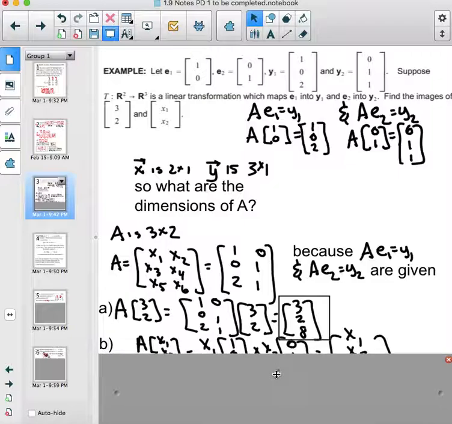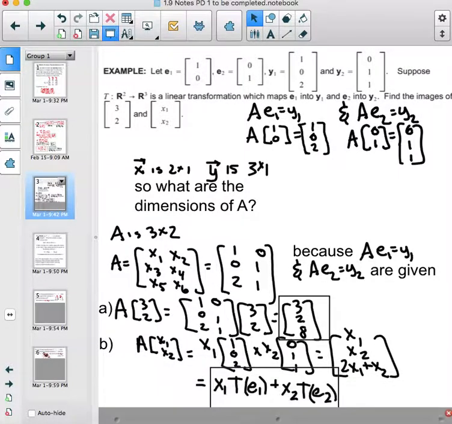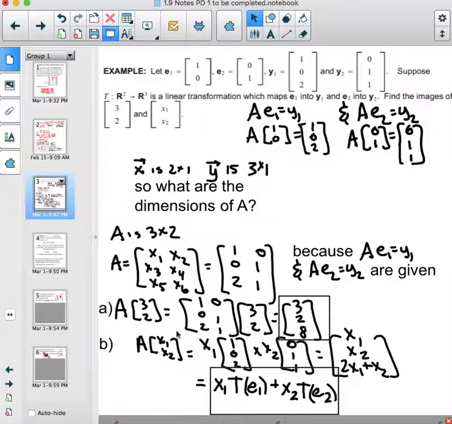Amazing. So, in general, we take A times the column vector x1, x2, and that's just going to be x1 times the first column plus x2 times the second column. You could set it up this way as well with just the x1 and x2. And you notice 1, 0 times x1, x2 will just give you x1.